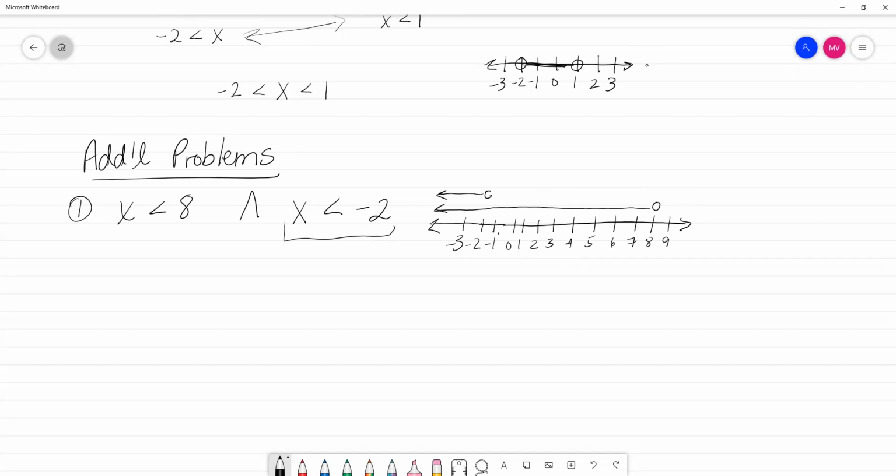So what are we graphing on our number line? Gabriel? What are we graphing on our number line? Where do these two conjoin? Where is our conjunction? We've written one inequality and we've written the other. What is their set?